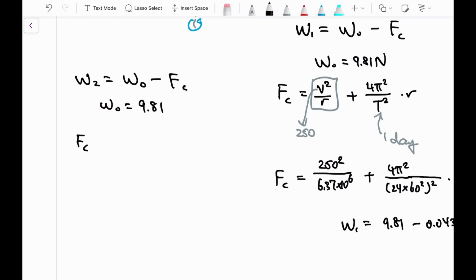Now, in this case, we can first put in the 250. And then, however, the Earth is spinning the other way, so we have to subtract the effect of Earth's from it.